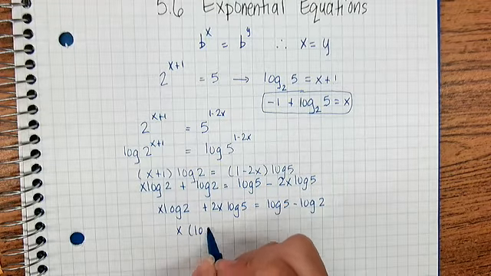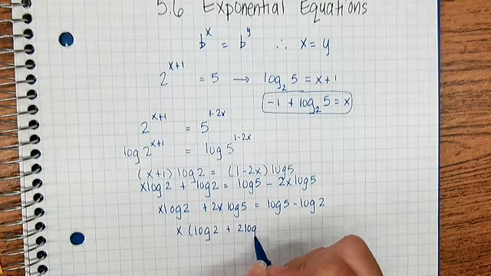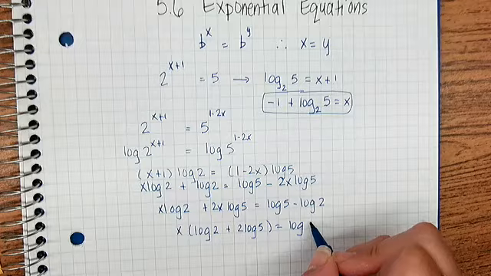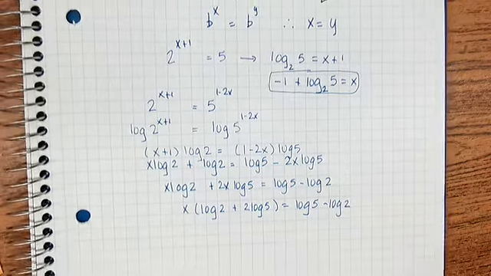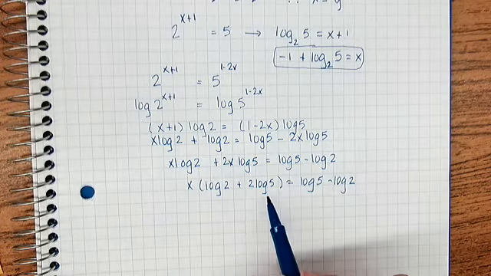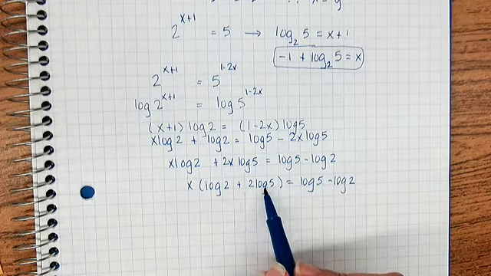This problem is going to take a whole sheet of paper. I'll rewrite that as the log of 5 halves in just a minute. Okay. The log of 5, 2 times the log of 5.